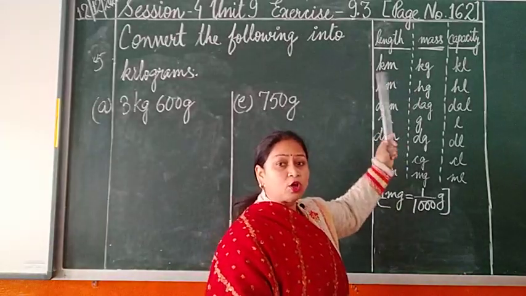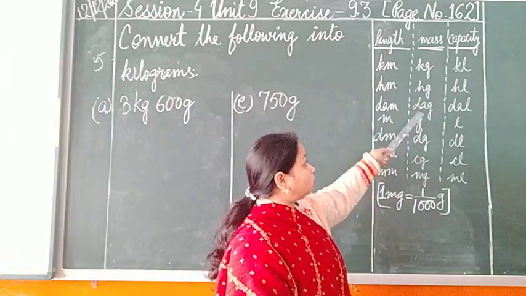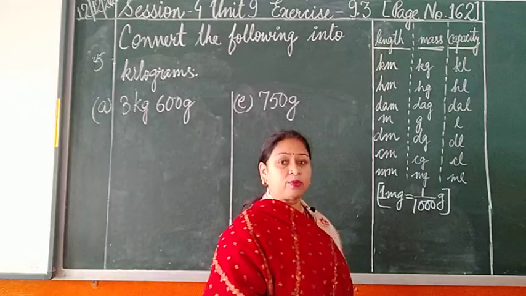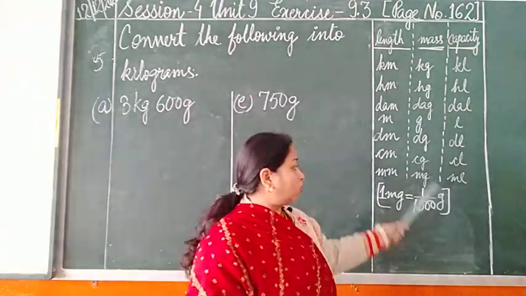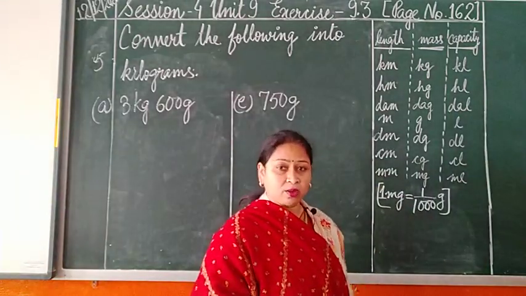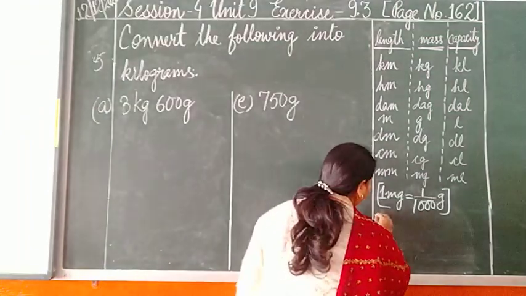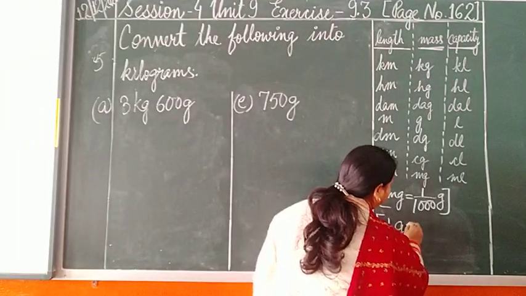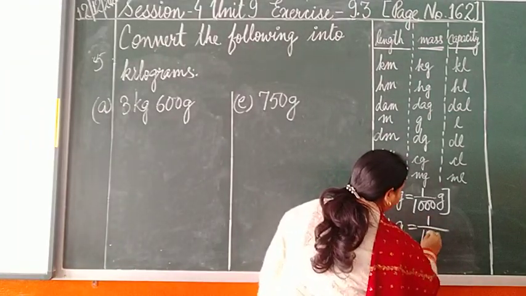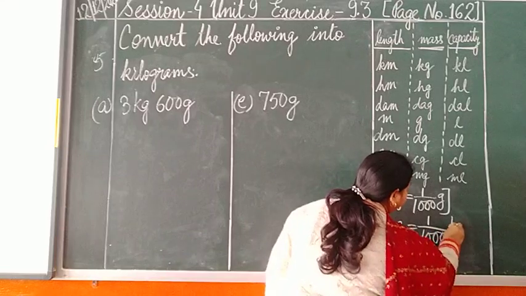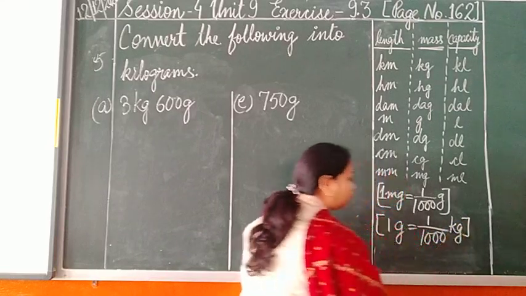To move till kg, how many steps are we going to take? 1, 2, 3, 3. That means again the conversion is 1 gram equal to 1 upon 1000 kg. So, we write down the conversion, 1 gram equal to 1 upon 1000 kg, kilogram.